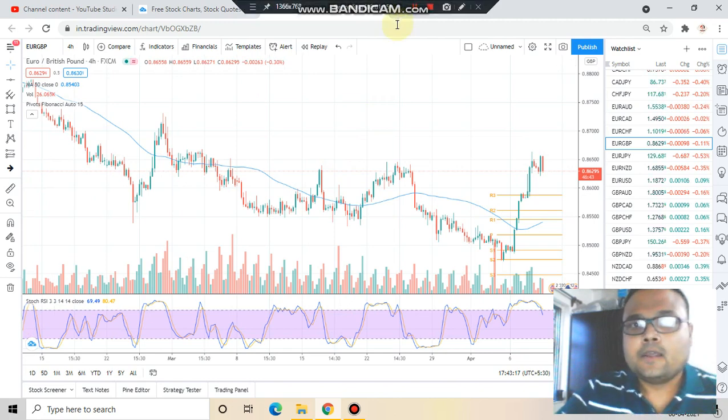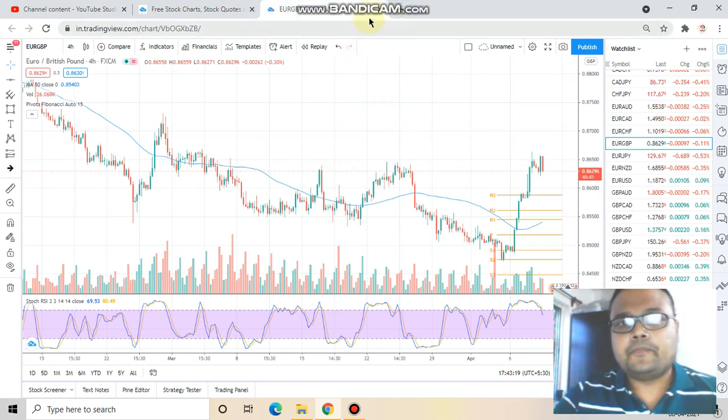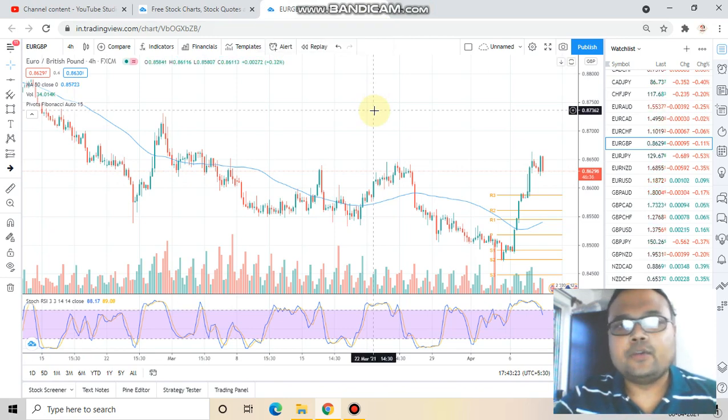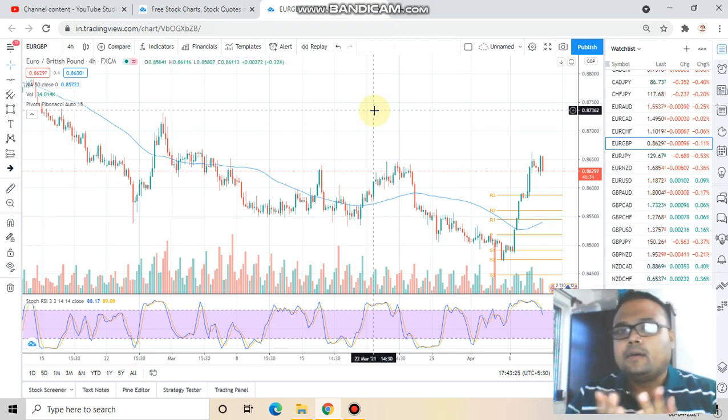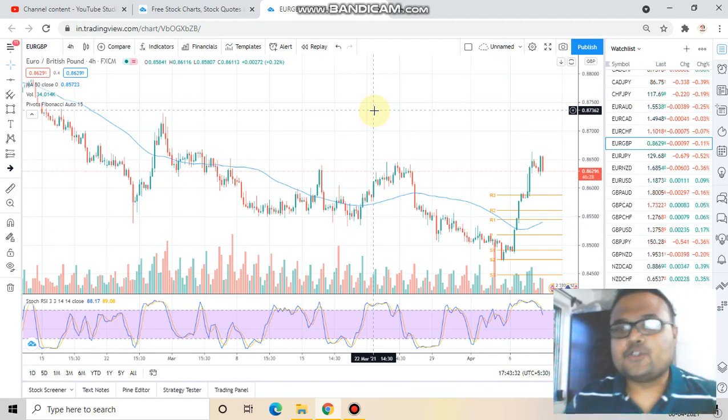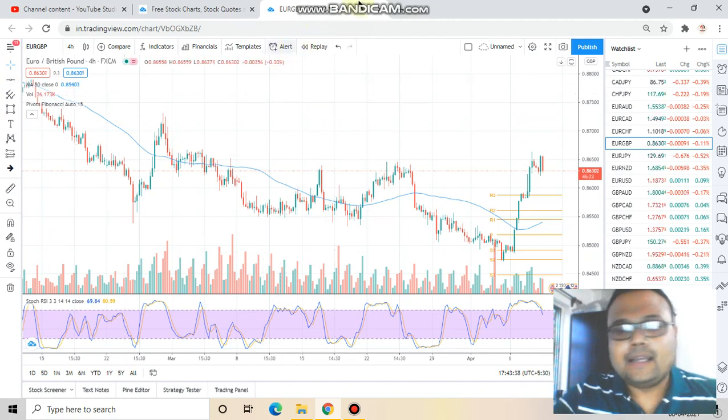See, as we all know, the first rule of the market is that we should always stay with the trend. We should not go against the trend. And the trend of Euro GBP, I have already shown you, is heavily bearish. Therefore, in a market like this, generally we should always be looking for selling opportunity.